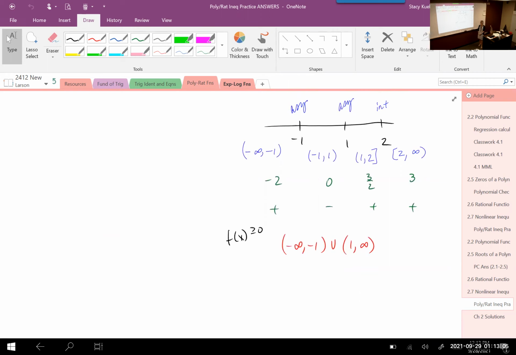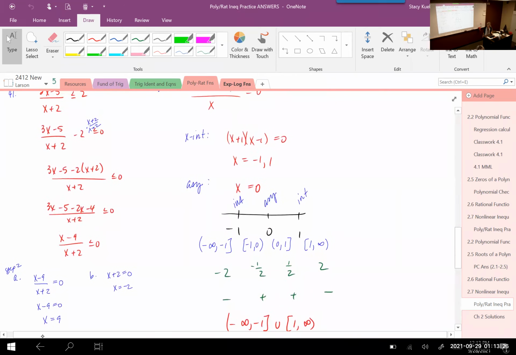Questions on that? Something about 41, how do we get the negative x minus 9 at the numerator? I'll go back to that in a second. Does everybody have this answer? Okay.